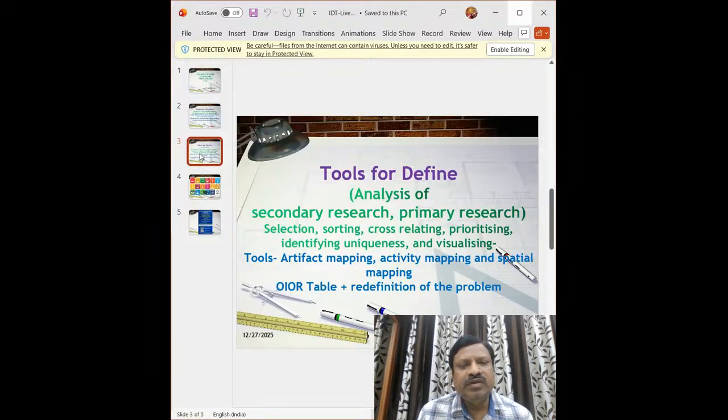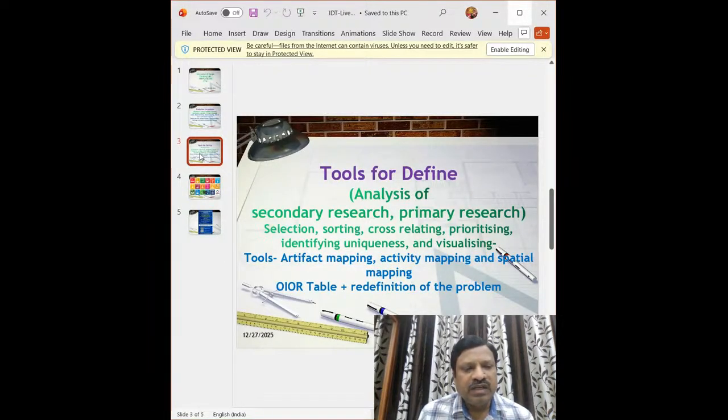You give the design objectives, what the priorities are and what the user needs, and identify the uniqueness of the problem, visualizing it in the form of charts, mind mapping, artifact mapping and spatial mapping.